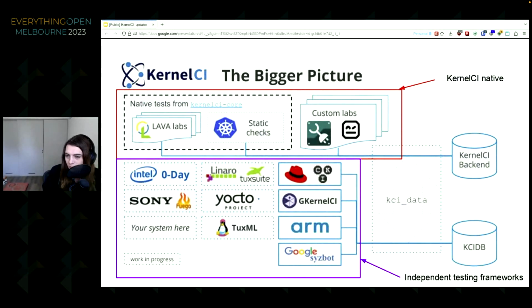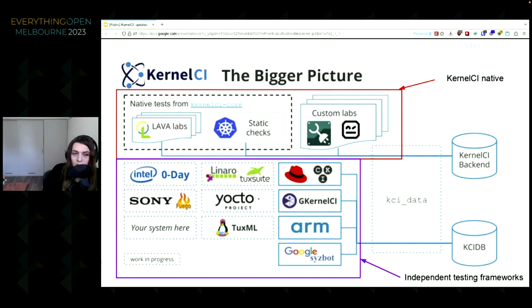So there is the KernelCI native code, that is the code maintained by KernelCI, and that is like the previously shown repositories.